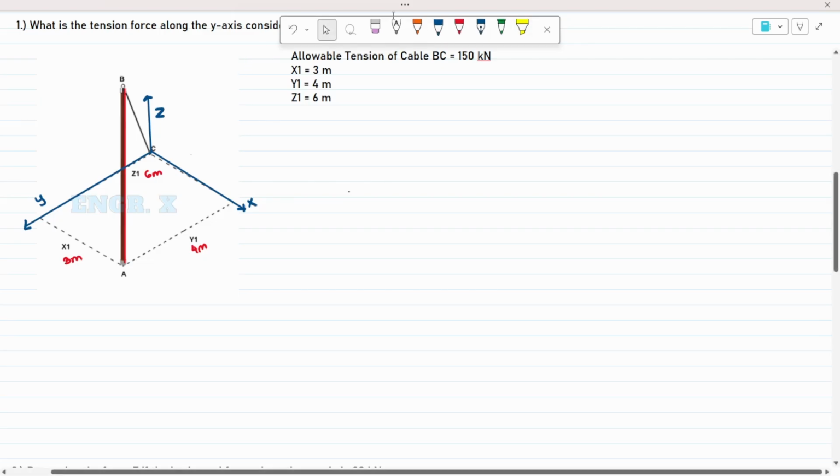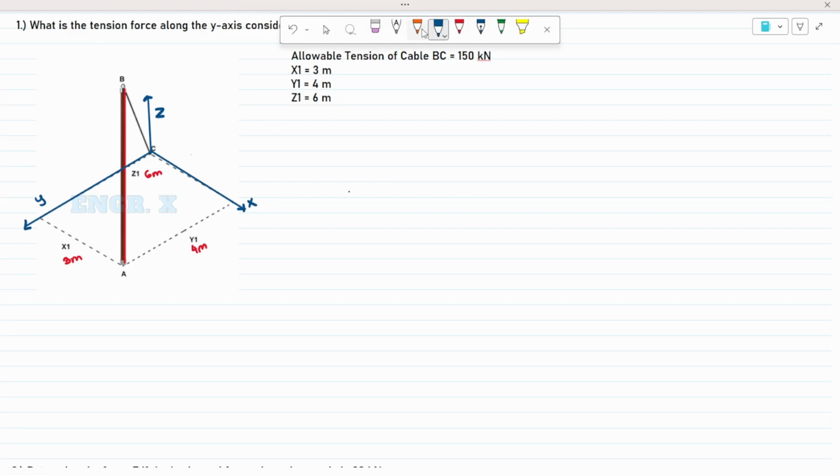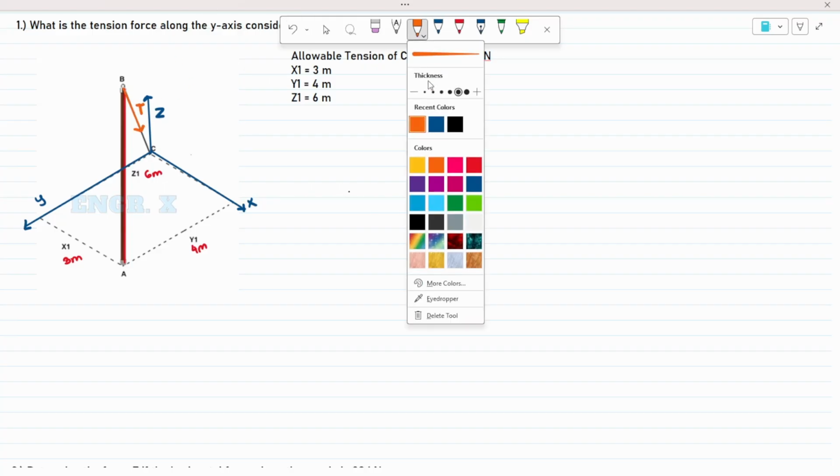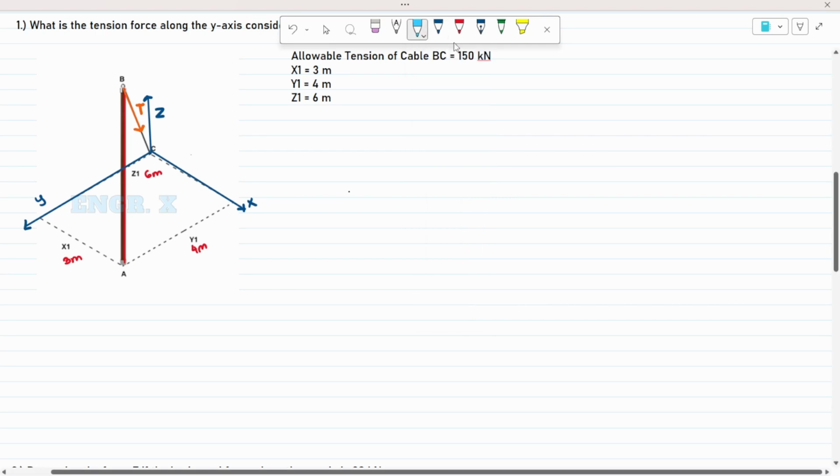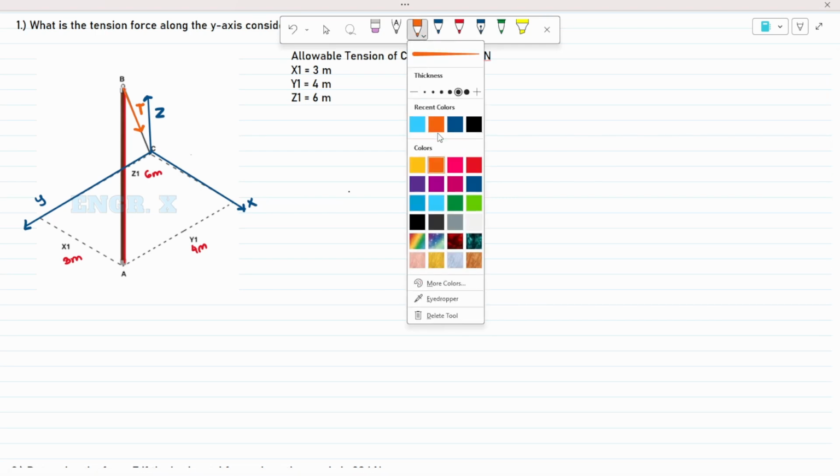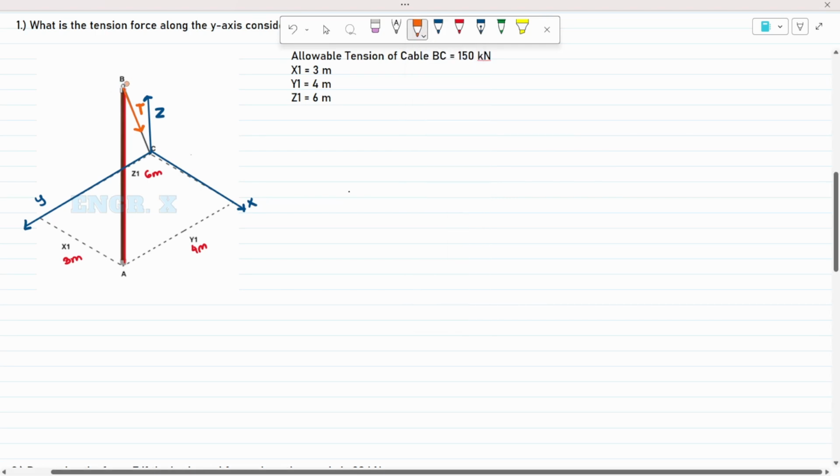We need to determine the tension force along the y-axis. The tension force develops in this cable. Let's say this is T. And this T can be resolved into components. We have your Tx.